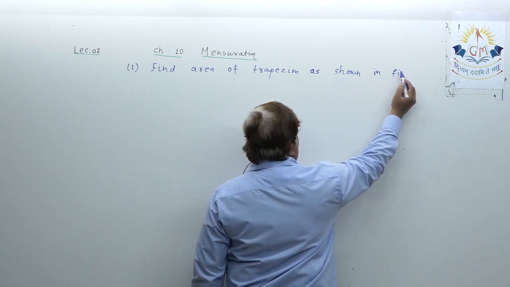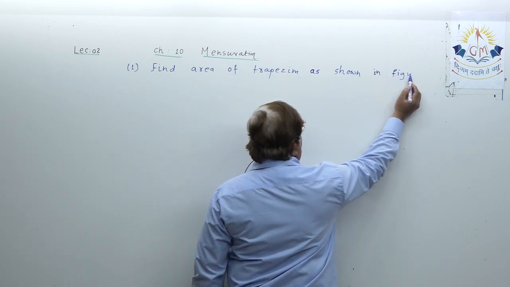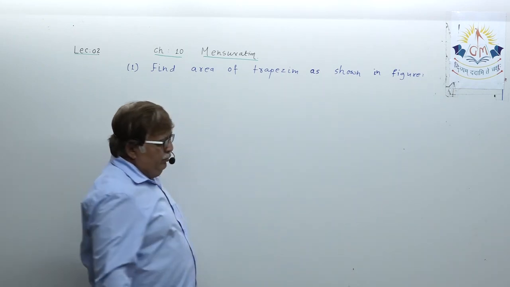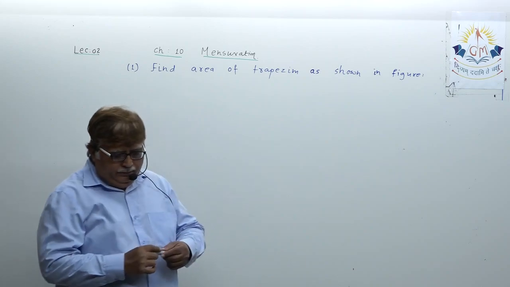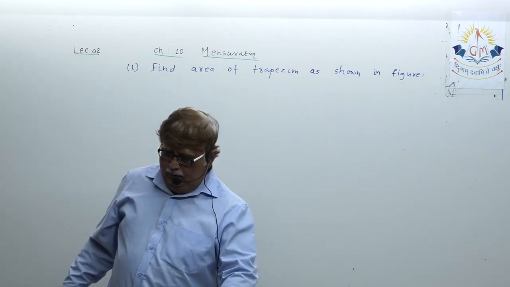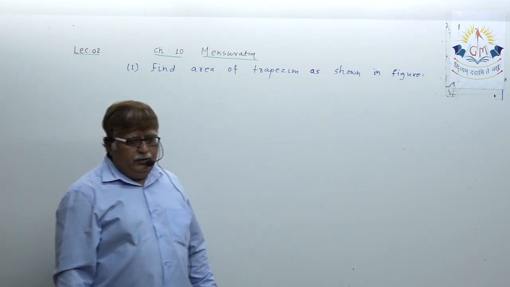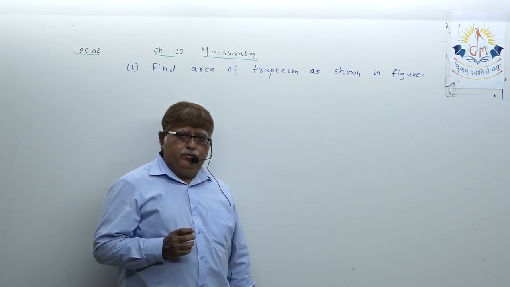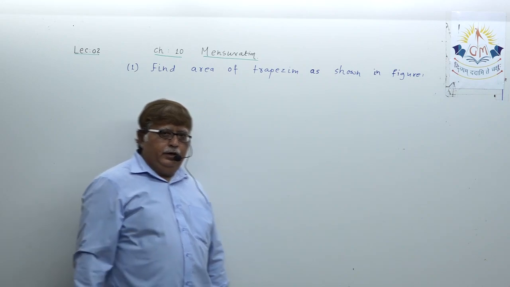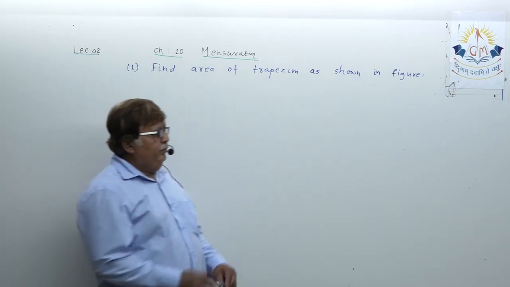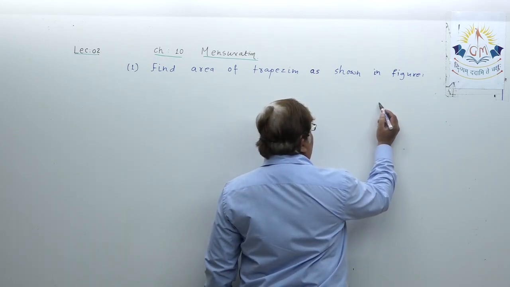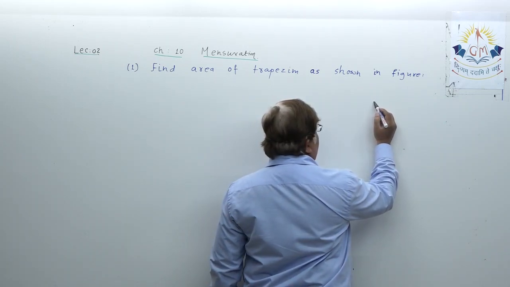You are given one figure. You have to understand what has been given in the diagram, and from that you have to find the area of trapezium. This is the diagram. Let us draw the trapezium.